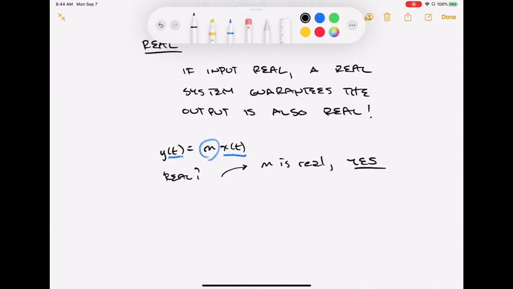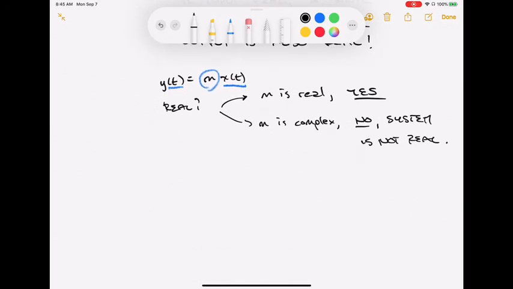But if m is complex, then no, the system is not real. A hint to look for on realness is if the things that describe the system involve some j's, a way of injecting that imaginary number, you can be a little more skeptical that a system might be not real.